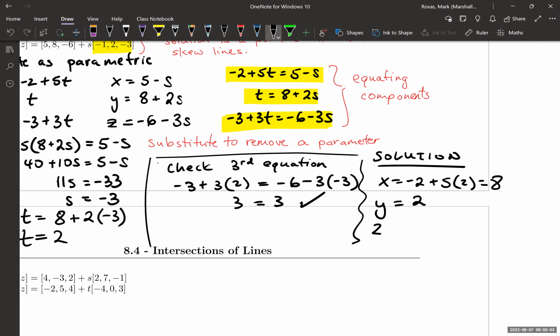And z equals negative 3 plus 3 times 2, which is positive 3. So the intersection point is at 8, 2, and 3.